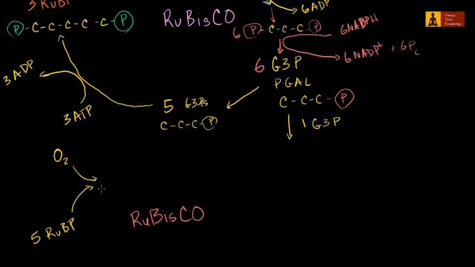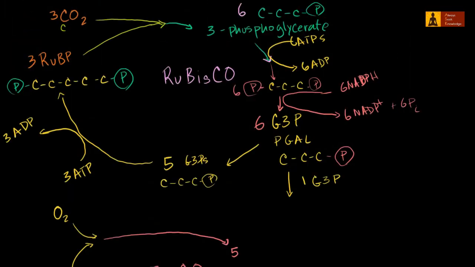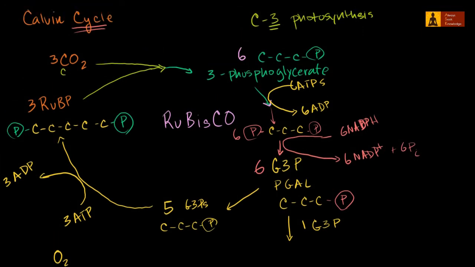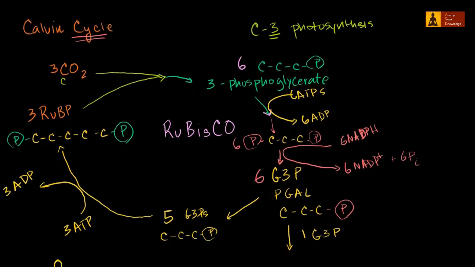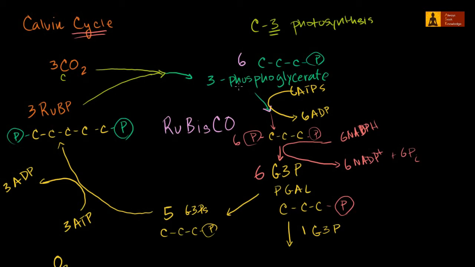And when these two things react, you don't get useful things that can be used for fuel and all of that. The first thing you end up with, and my drawing is a little messy, is if these two react, you'll end up with 5 molecules of this 3-phosphoglycerate right there.